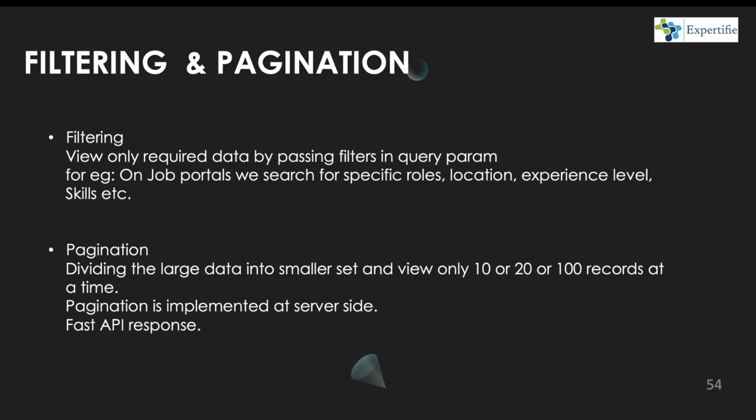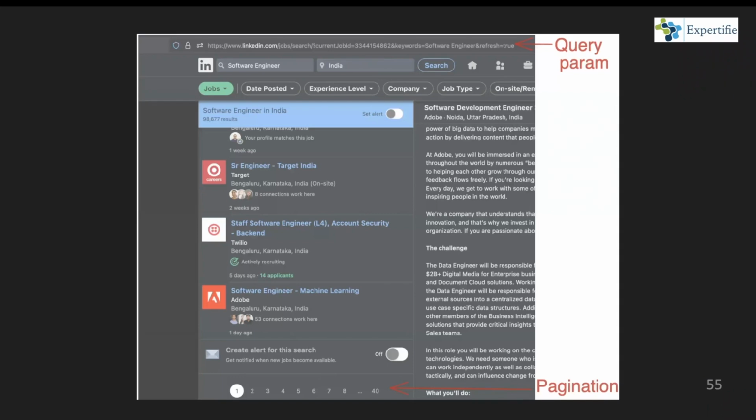If we see the LinkedIn job openings section, it has lakhs and lakhs of job openings. And obviously as a user, we don't want to access all those job openings at once. So we might want to search for a job, say for a front end developer or a back end developer.